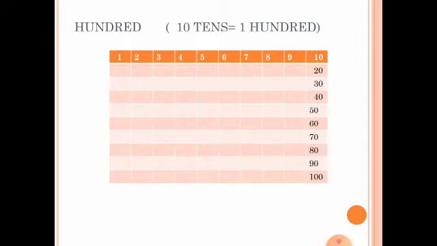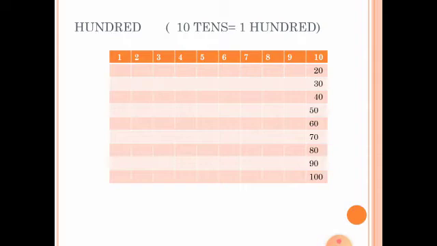Now in 100, as I told you earlier, you can count the blocks present in the vertical row and the blocks present in the horizontal row. There are 10 blocks in the horizontal row and 10 blocks in the vertical row, so 10 tens are 100.